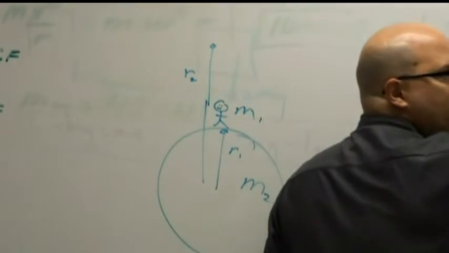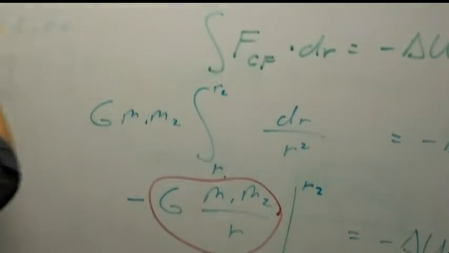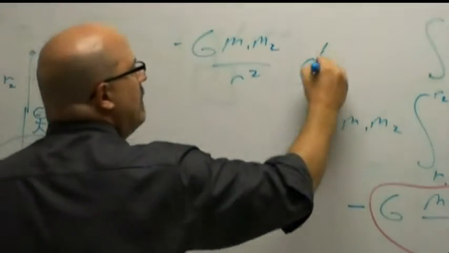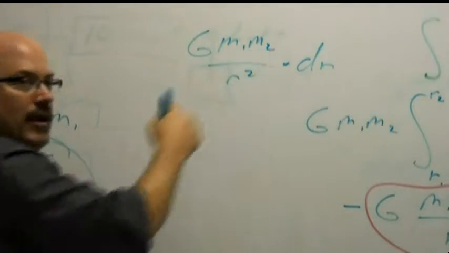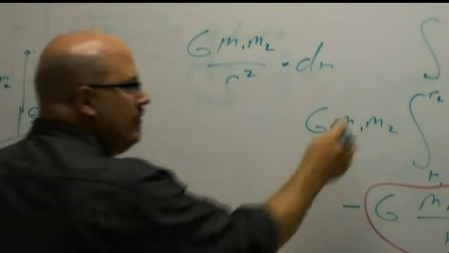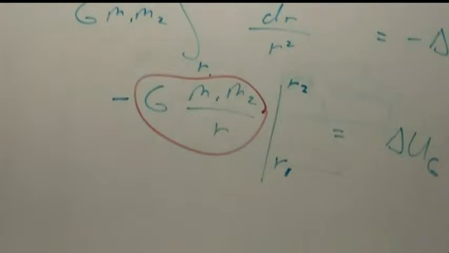I already accounted for the direction, and then I accidentally put in this negative G m1 m2 over r squared dot dr. I shouldn't have put this in because I already took the direction into account when I did the dot product. So when I move this to the other side, we end up with a negative. That was my fault, sorry.